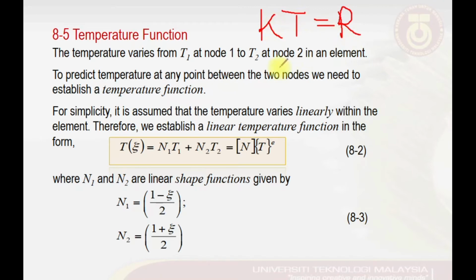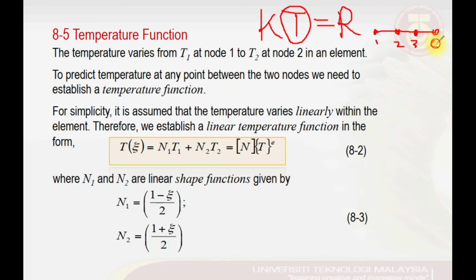If we solve these simultaneous equations, then we will get the value for the temperature, which a priori we do not know, this value t. So once we solve this kt equal to r, we are predicting the temperature at each nodal point.